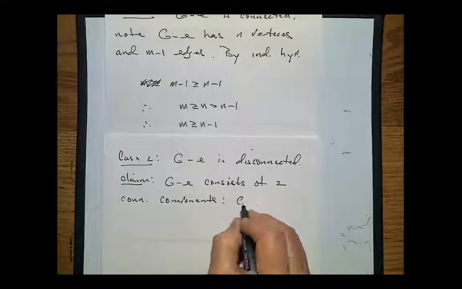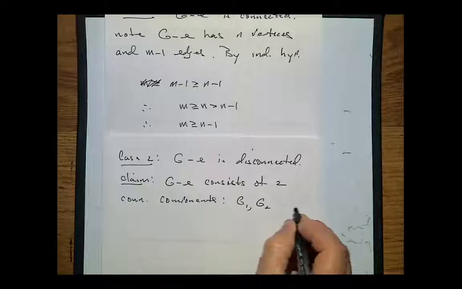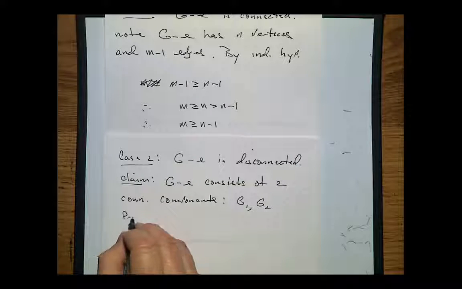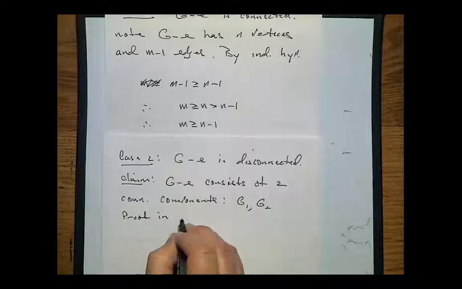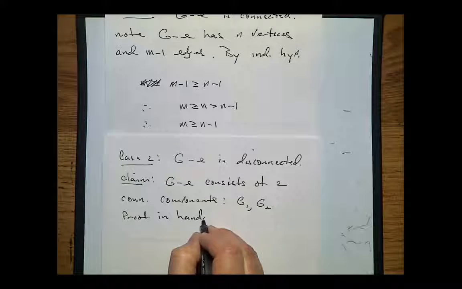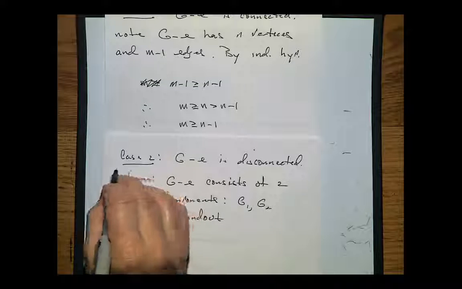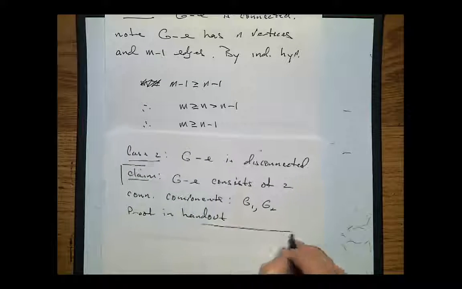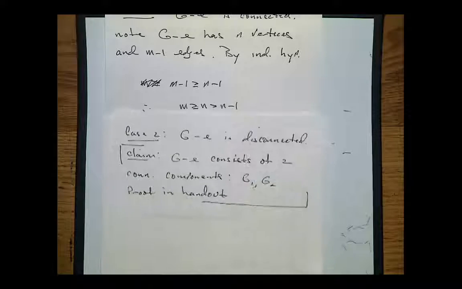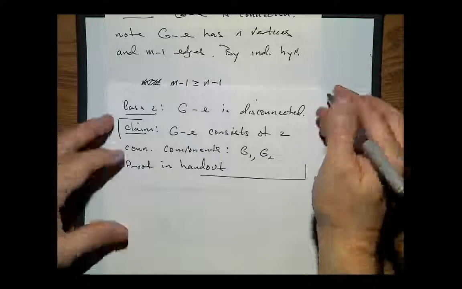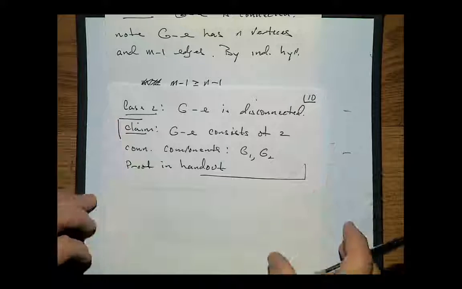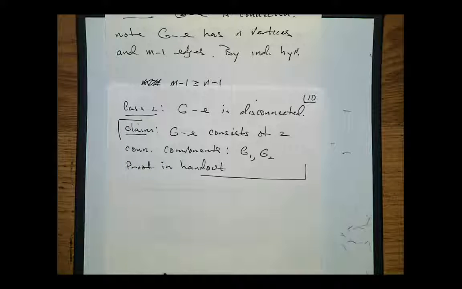Call them G1 and G2. Proof is in the handout. Okay, so that is a side note. I'm just going to use that fact. Okay, so I have two connected components.